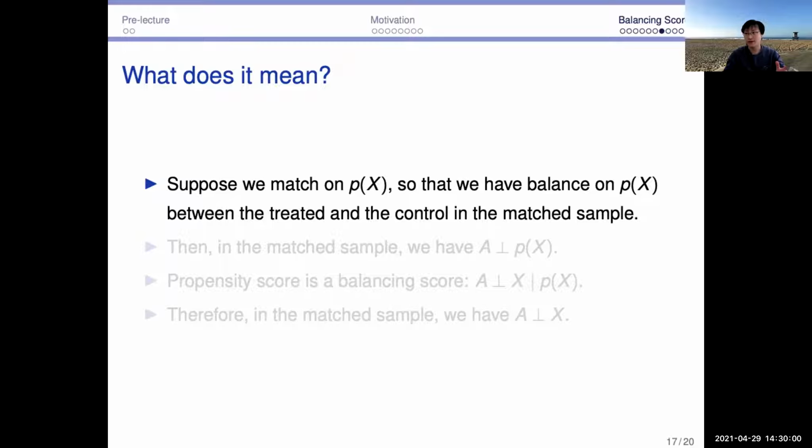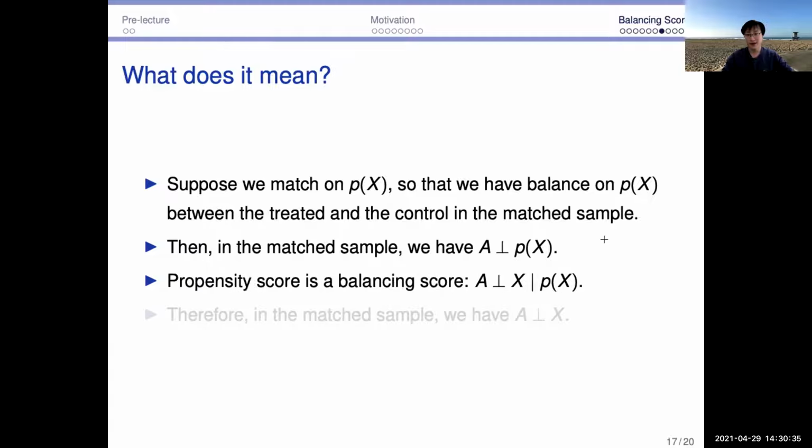Then, by definition of a matched sample, we would have balance: P of X would be the same for a control and its match, for a treated and its match in the control. So we have P of X balanced between the treated and the control group in the matched sample. And because P of X is balanced between the treated and the control group, we have treatment independent of P of X.